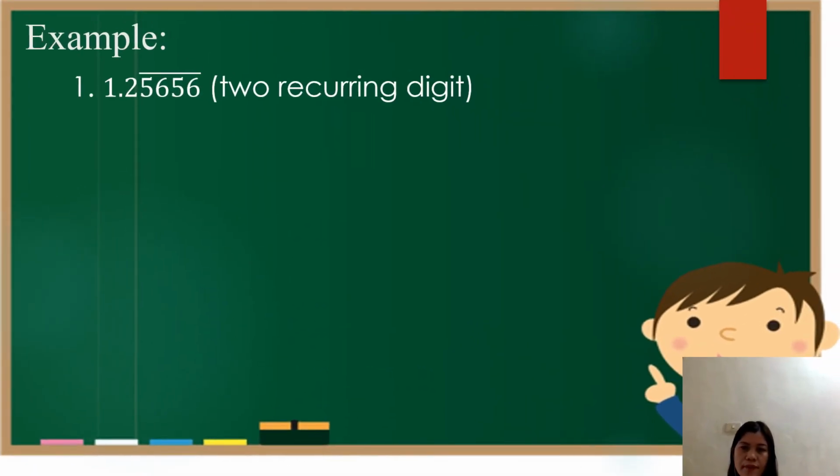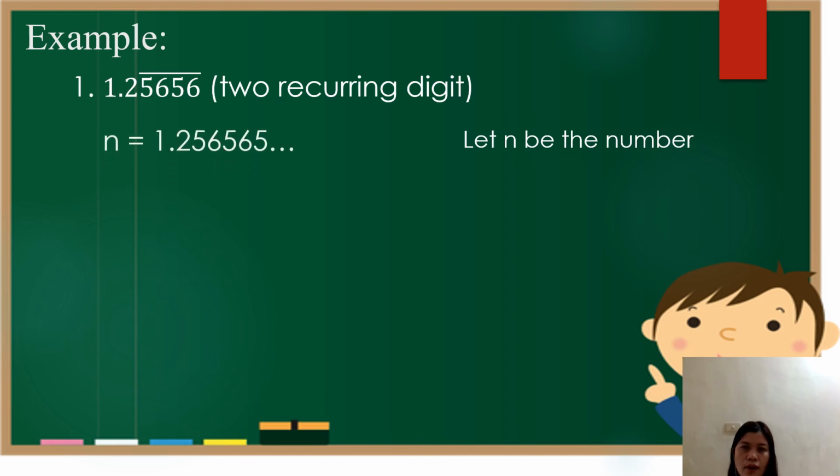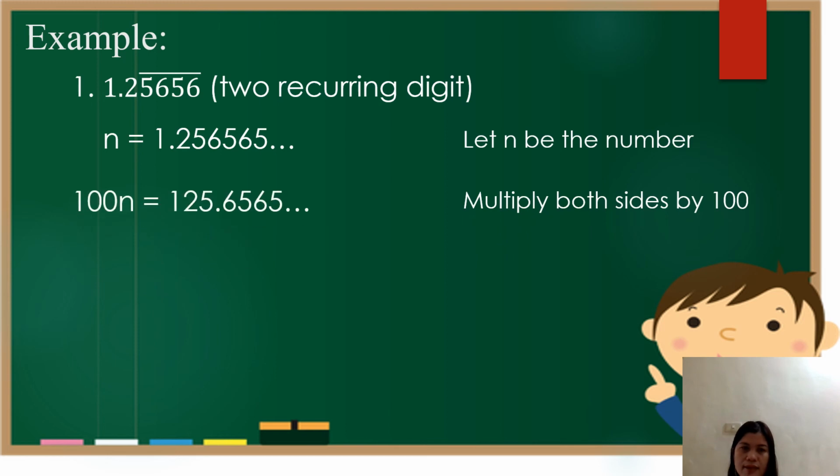Okay, another example. Let's say you have 1.25656, 2 recurring digits again. So, let n be the number. Okay, and then multiply both sides by 100. So, we are going to multiply this by 100. So, therefore, you have 100n is equal to 125.6565, after multiplying by 100. Now, subtract this n.